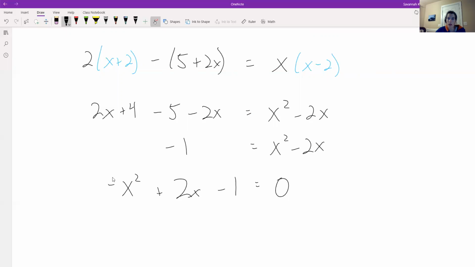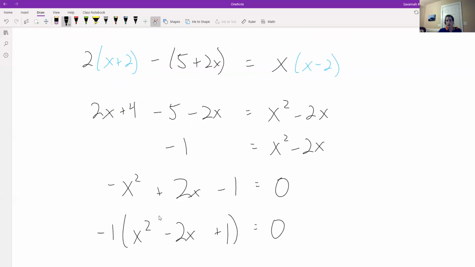Factoring when you have a minus 1 there is not fun. Let me treat that minus 1, even though we rarely pay any attention to a 1, as a GCF. Let me treat that negative 1 as a GCF.